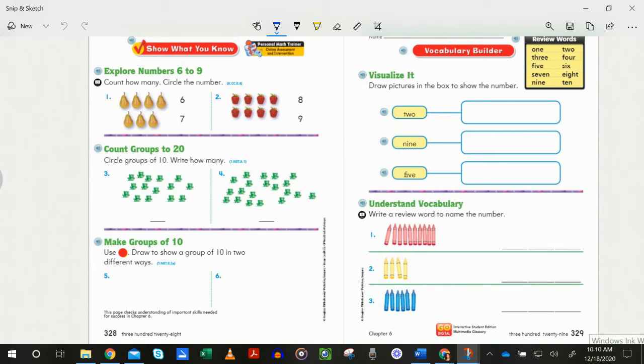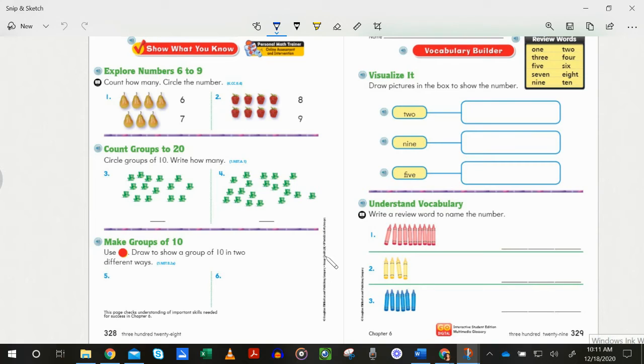Number 5 and number 6, draw to show a group of 10 in 2 different ways. So show me 2 different ways to add up to 10. Okay, pause if you need more time. And then let's switch to our crayon and come back and check.